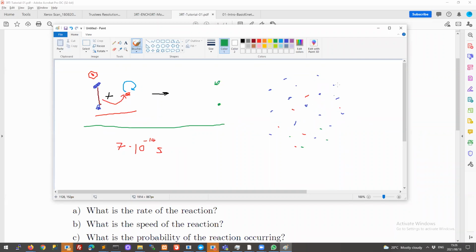And so you can see from this picture then that the probability that this event is going to happen is dependent on the rate at which these molecules are banging into each other, right? It might be that if the mechanism tells us that the 2 A molecules have to combine first, then we first need A and A to knock into each other. And then we'll need a B to come along and knock into that complex.